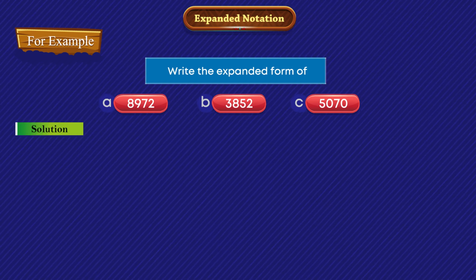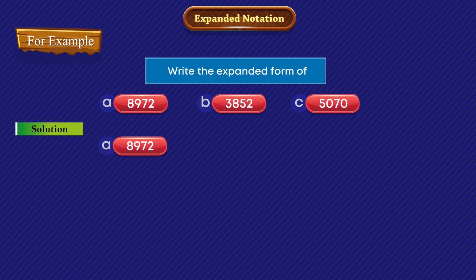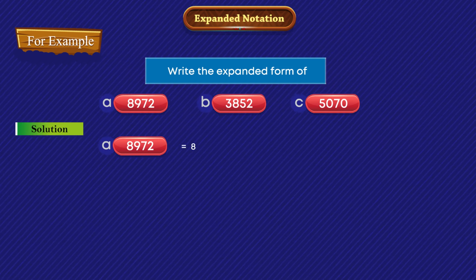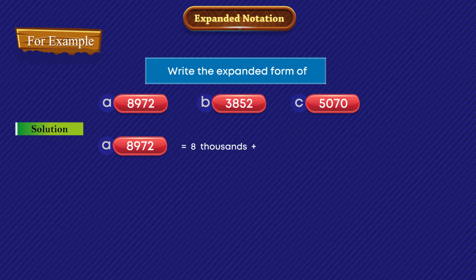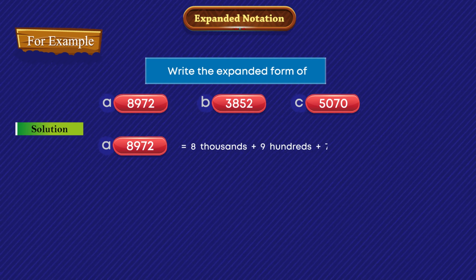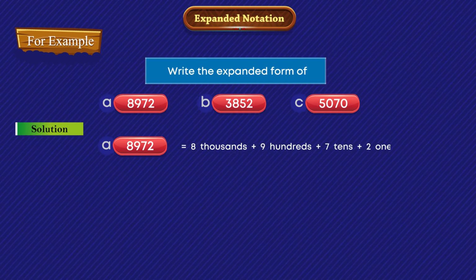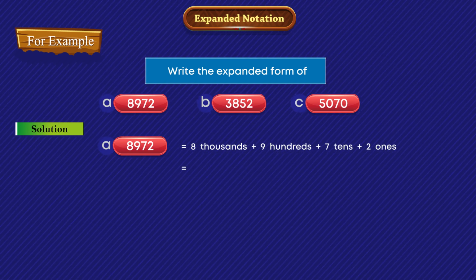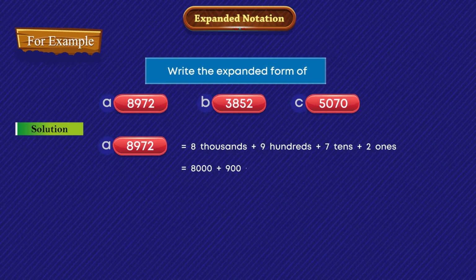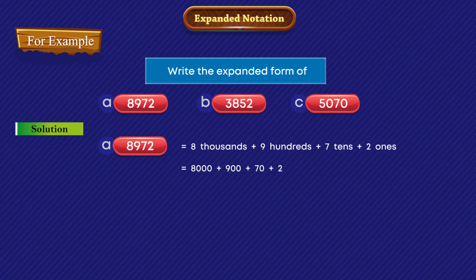Solution: A. 8972 is equal to 8 thousands plus 9 hundreds plus 7 tens plus 2 ones is equal to 8000 plus 900 plus 70 plus 2.